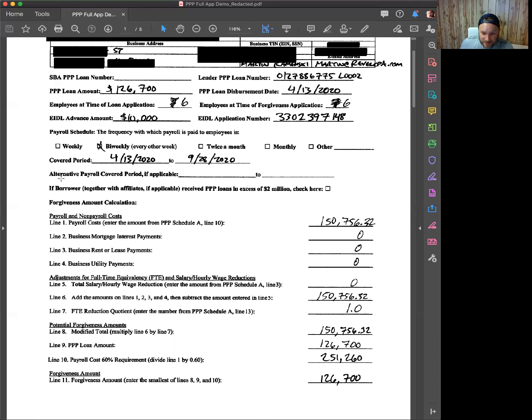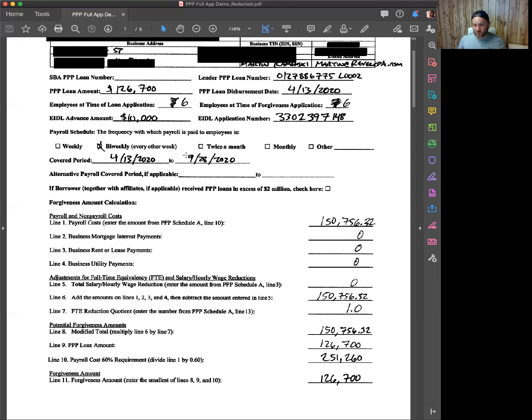If you're going to use the alternative payroll covered period, you're going to list what those dates are. Otherwise, you are going to list the covered period for the PPP program, meaning this is the time frame that I want to be considered where my funds are helping me cover costs. It began as an 8-week period, and then it subsequently got extended to be a 6-month window, right?